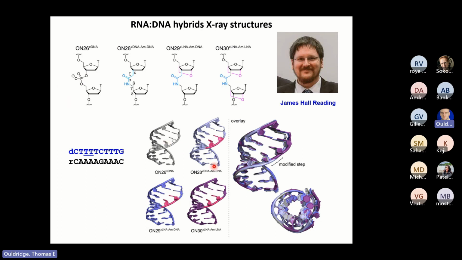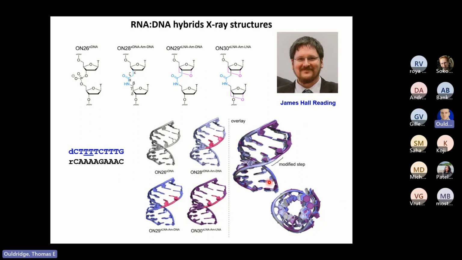And the individual structures are shown here, with the position of modification highlighted. This is the unmodified. And what you see here is that they all look pretty similar. And when you overlay them, it just emphasizes there's almost no difference in the structure. These are X-ray structures at high resolution of these different DNA duplexes.